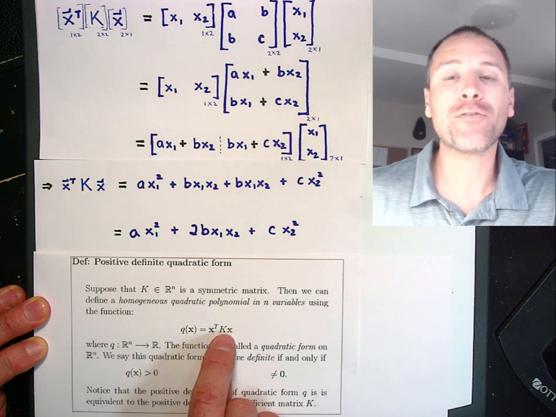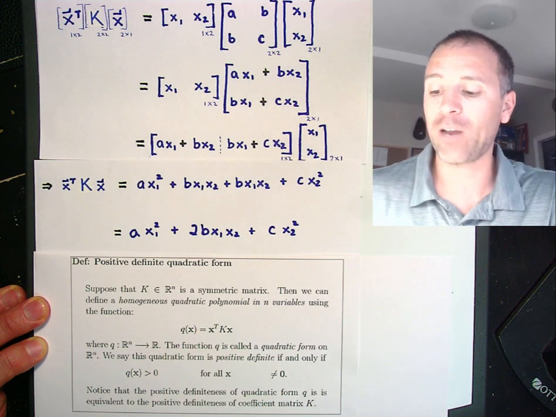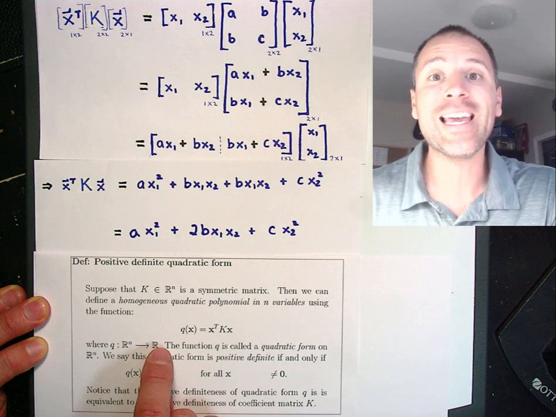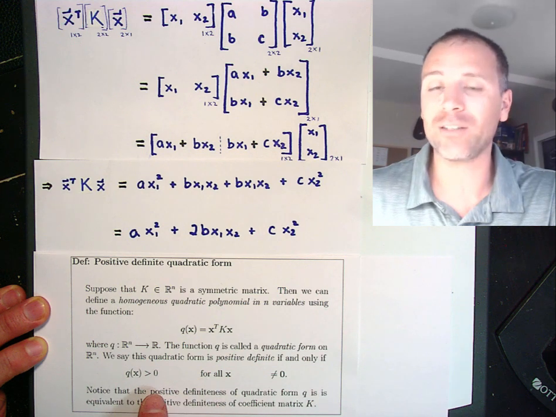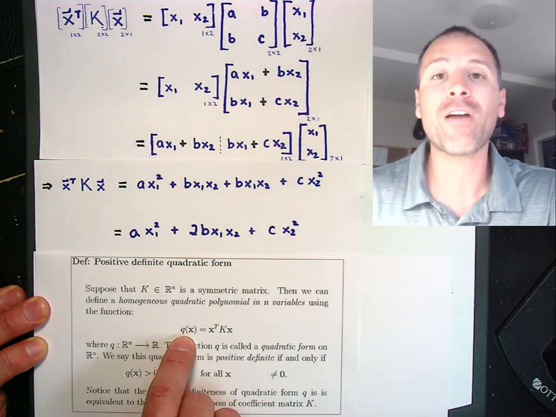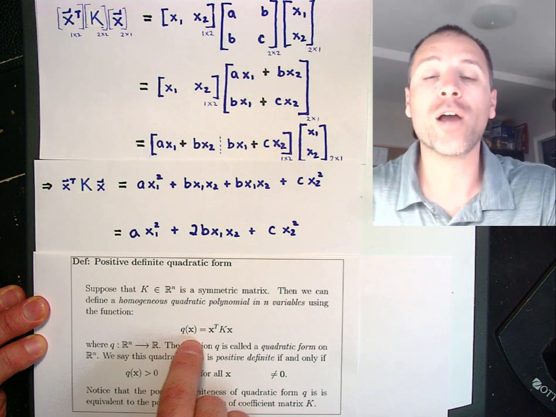That function is defined by this quadratic form, x transpose Kx, and we say that the quadratic form is positive definite if and only if the matrix K is positive definite. In other words, if and only if this quadratic form is always positive for non-zero entries.